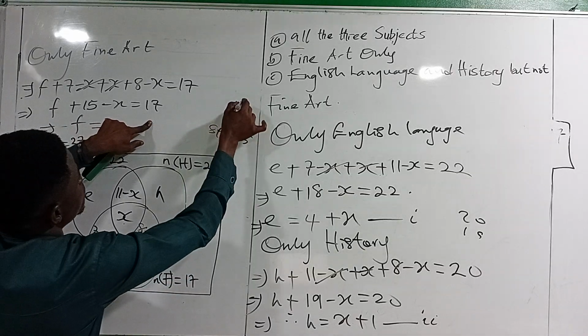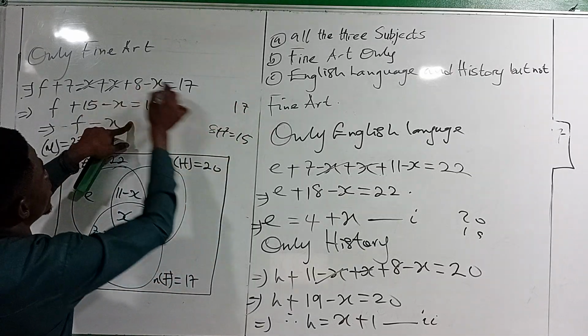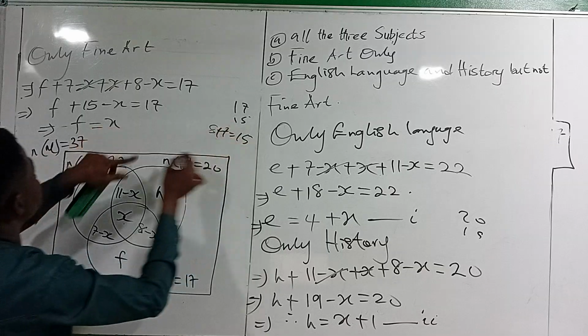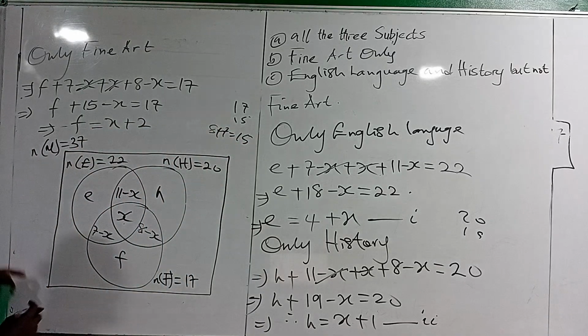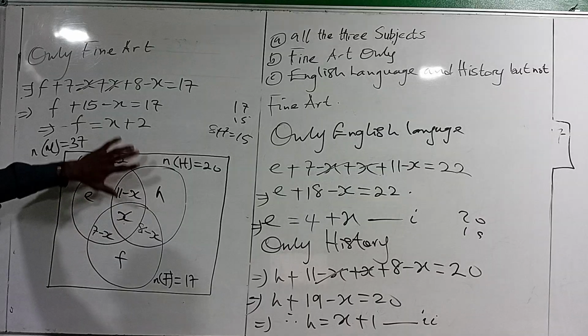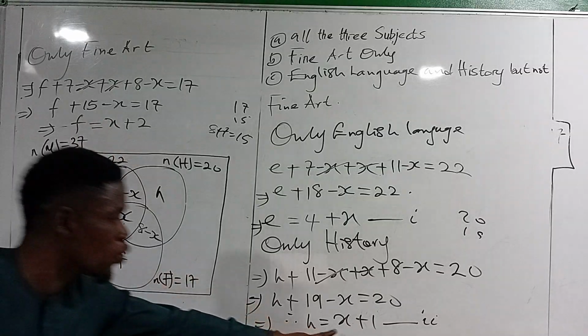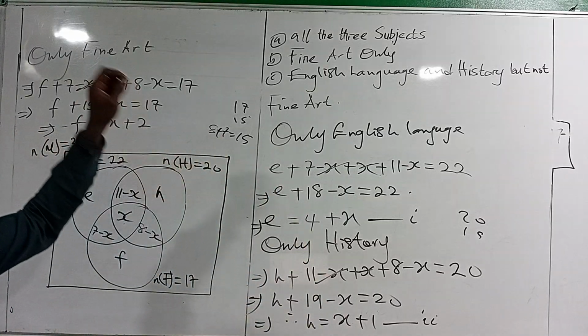So we have 17 minus 1. Bring this to the other side, gives you minus 15. So we have plus 1 plus 2. So that is only fine art.